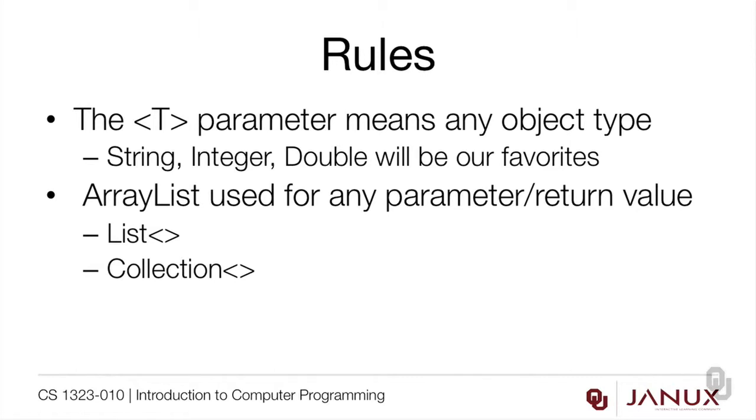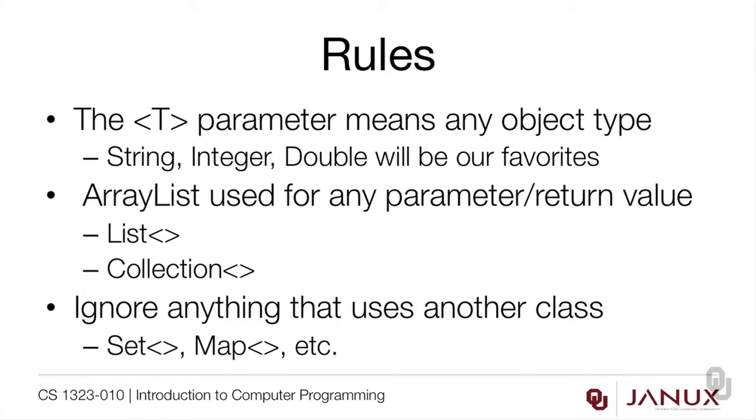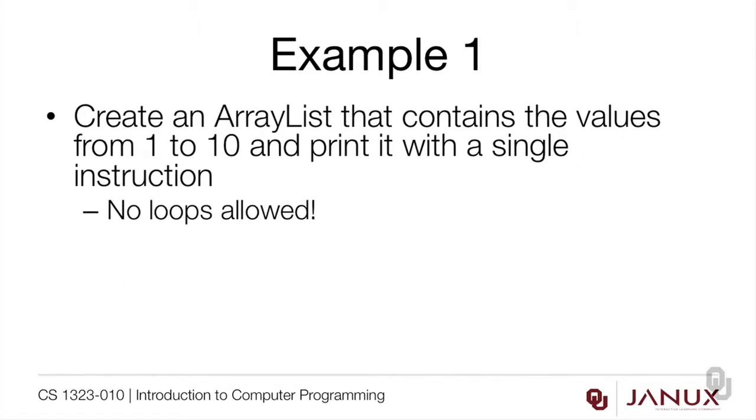That just has to do with the fact that array lists have order, which is what lists need, and are general collections. Don't worry about what it means too much. Now you're going to ignore anything that uses another class like set or map or enumeration. We don't know about those classes yet, and an array list does not fit in with those. So we'll just ignore those methods.